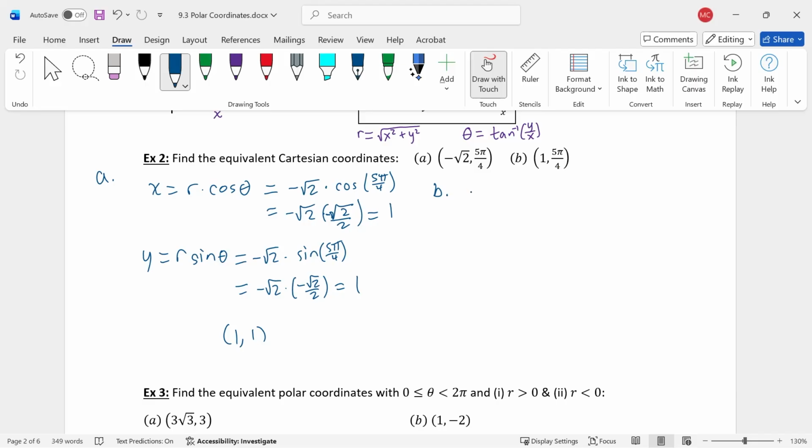And then for the second point here, we get x equals r, which is 1, times cosine of 5 pi over 4. So that's just going to be negative root 2 over 2. And y is 1 times sine of 5 pi over 4, which is also negative root 2 over 2. And so our point would be negative root 2 over 2, negative root 2 over 2.